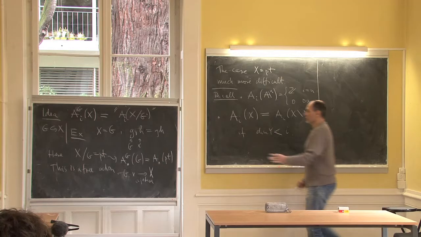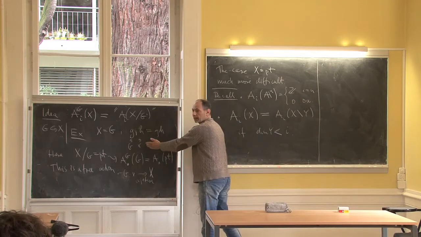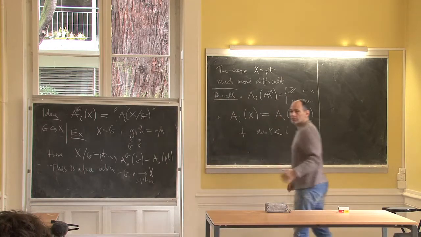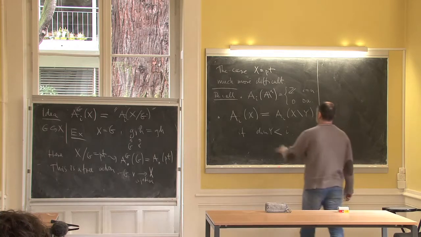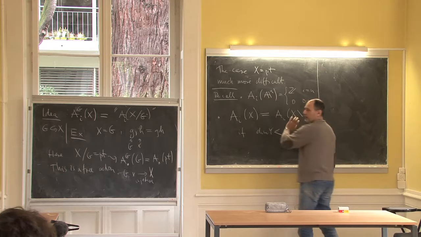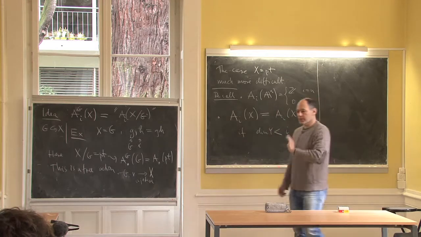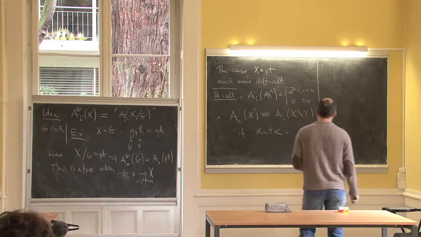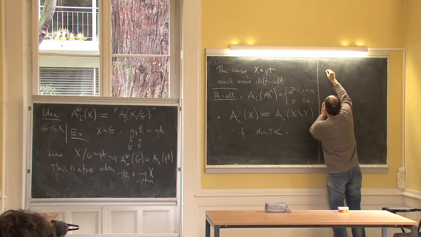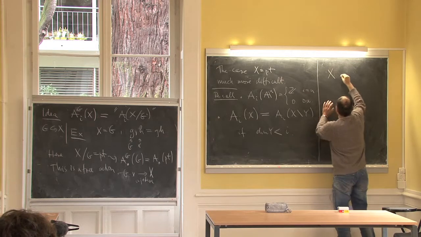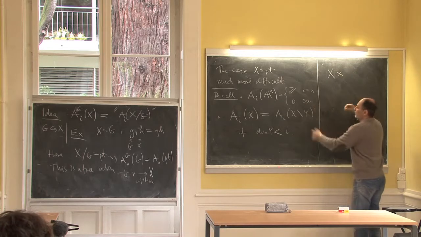And so I want that. I want to just emulate this stupid example that I had here when I have a free action. And so the way we do that is that we push this up. So now we multiply by a piece of A^N, and then we take a subset. So what we are going to do is look at the following thing. I'll take X, and I will multiply it by some set.